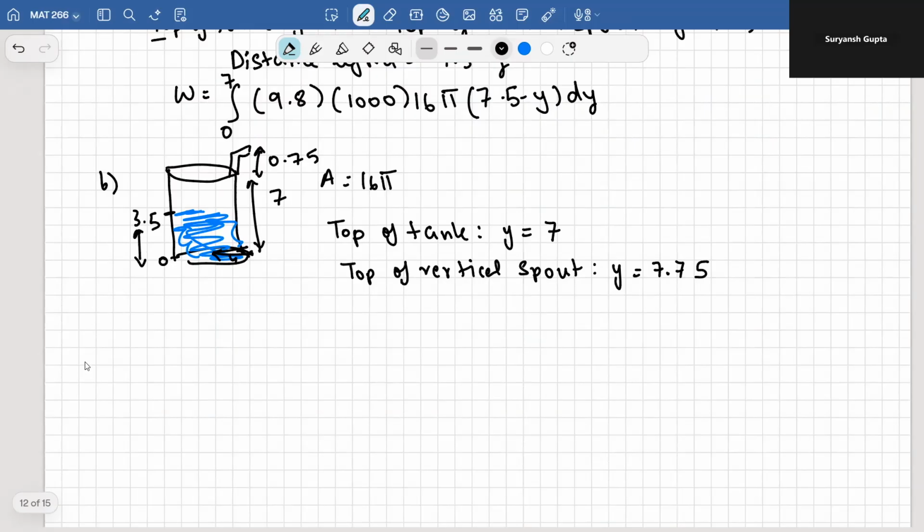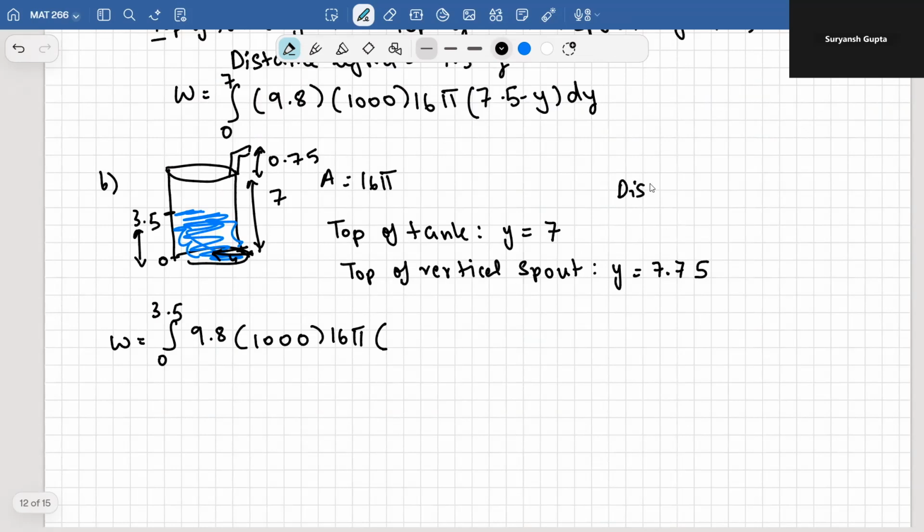Now I can set up my work function as work equal to the integration from 0 to 3.5, because I only have half the water now. Inside the integral, I have the gravitational acceleration times the density times the area of cross section and the distance that it's lifted.